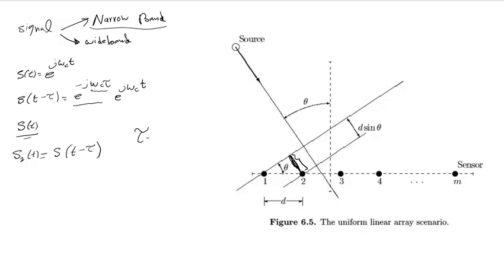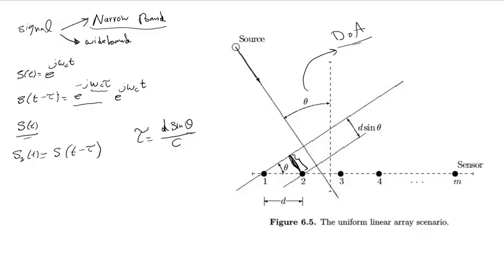What is τ? What is the distance? τ equals d sin θ over c, where θ is the DOA, or direction of arrival, of the source, and c is the speed of the wave.